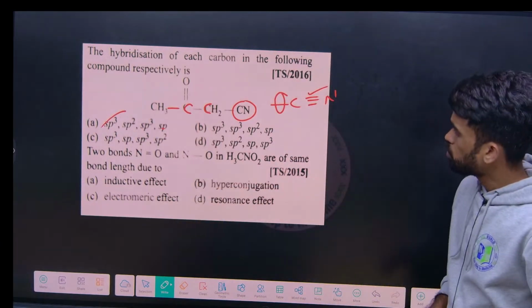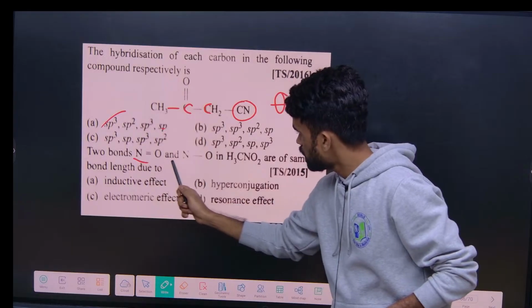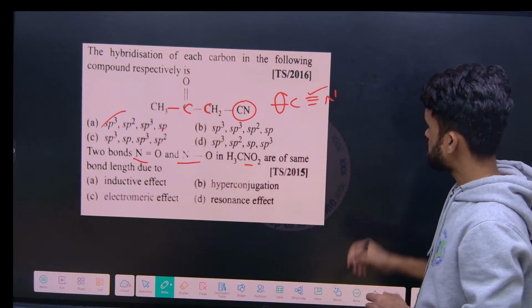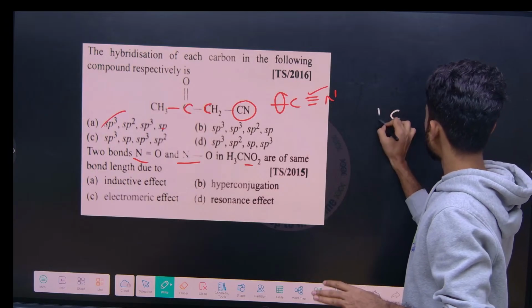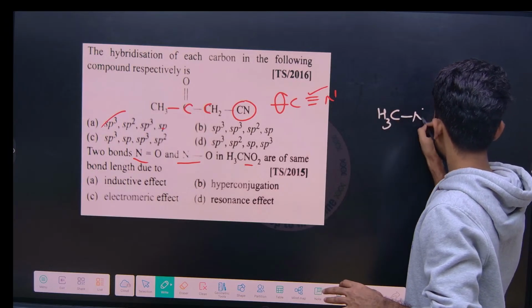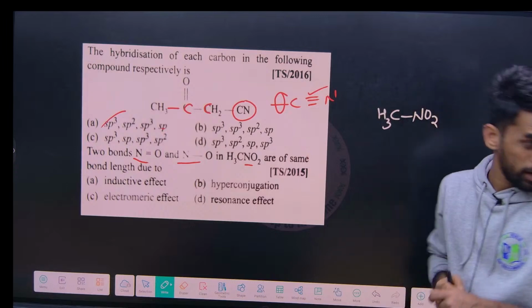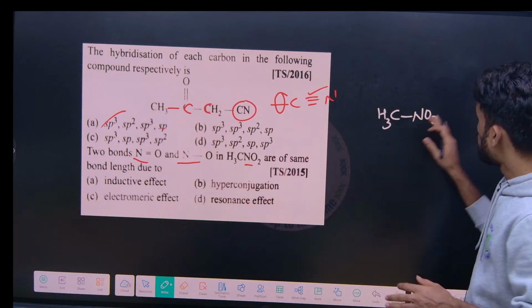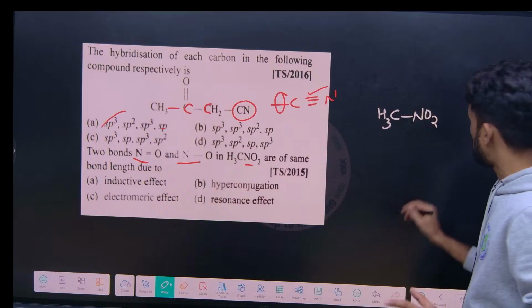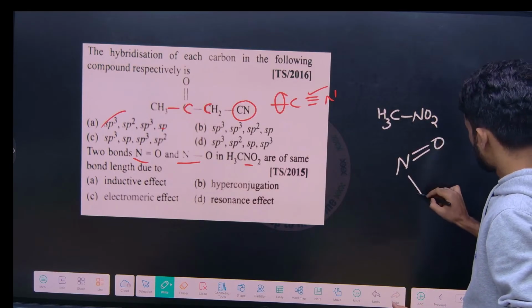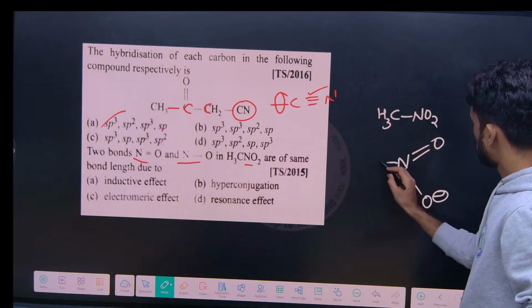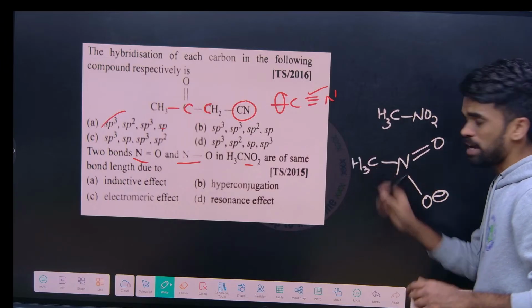And the 2 NO bonds in CH3NO2 are of the same bond length due to, see, it's very simple. Nitromethane, CH3 nitro group, is given. They are asking why the bond length of oxygen is the same here. What is the effect we can say? See what happens here.